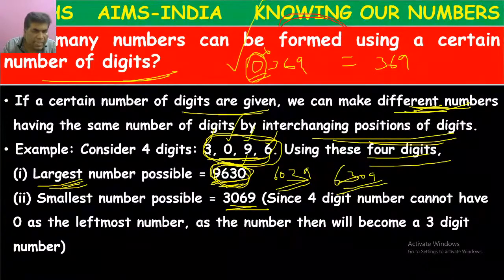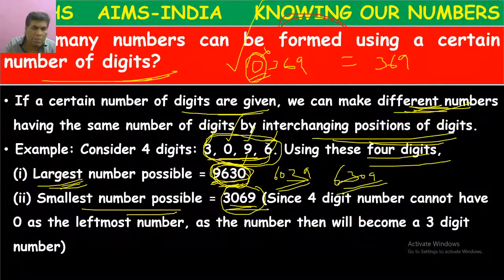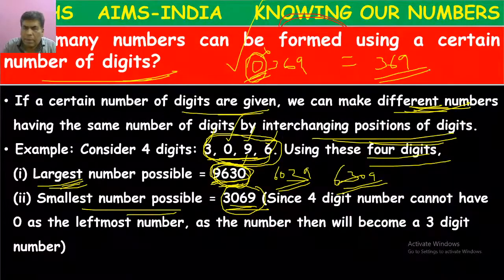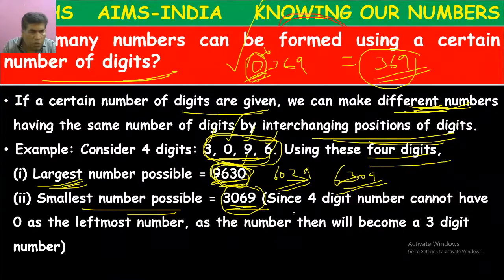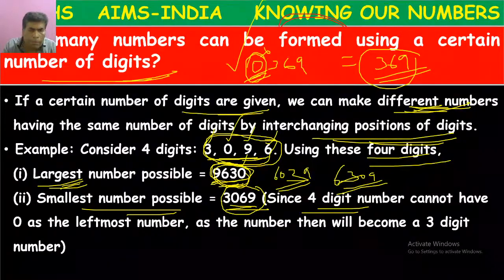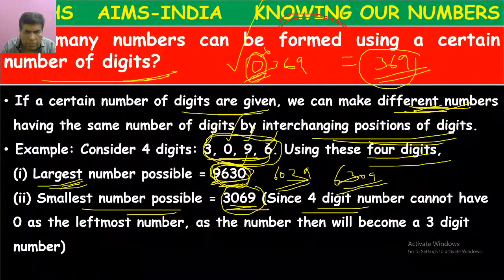We will take the next least digit, 3. After 3, we will keep 0, next 6, next 9. Like this, 3069 is the smallest possible number. If we keep 0 first, it becomes a 3-digit number, 369, not a 4-digit number. If you want to make a 4-digit number, then we should keep 0 after 3.